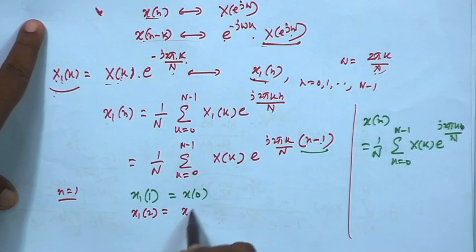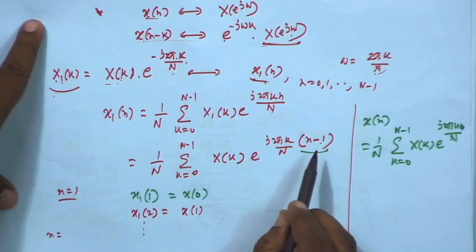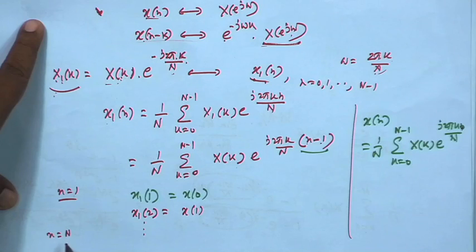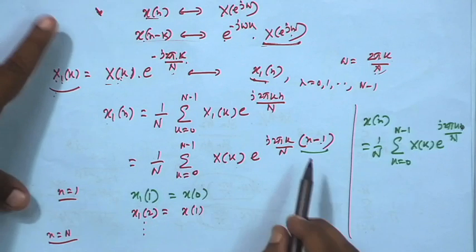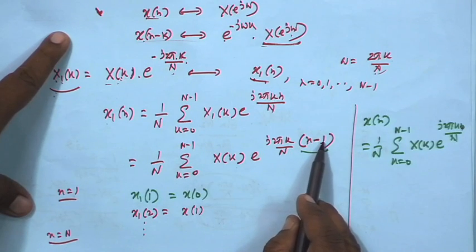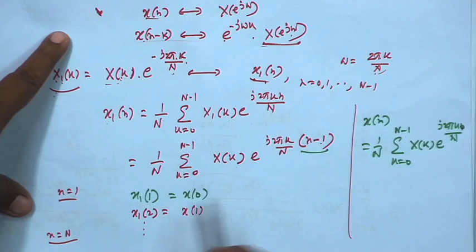Take n up to, suppose n is capital N. I take n equal to capital N, then what happens? n equal to capital N will be capital N minus 1.